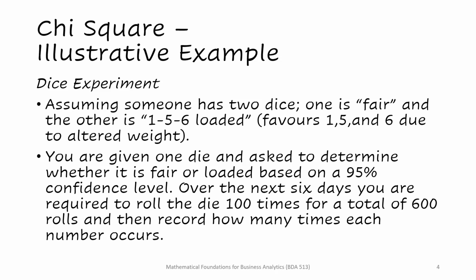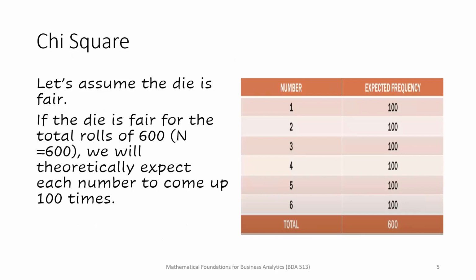If everything is fair, theoretically, if we throw it 600 times, each number will show up 100 times.